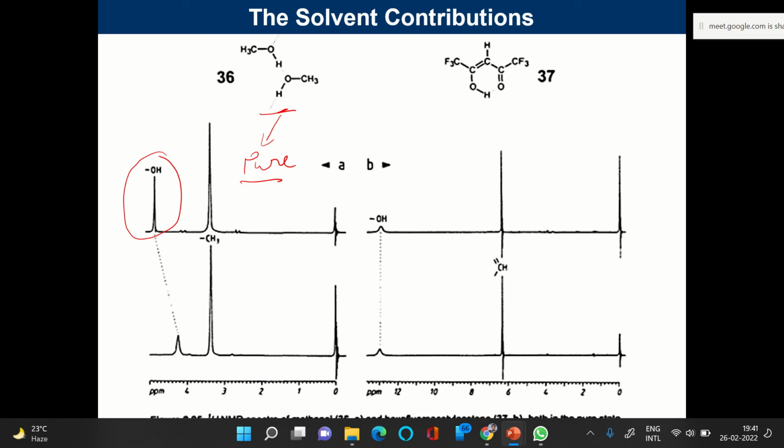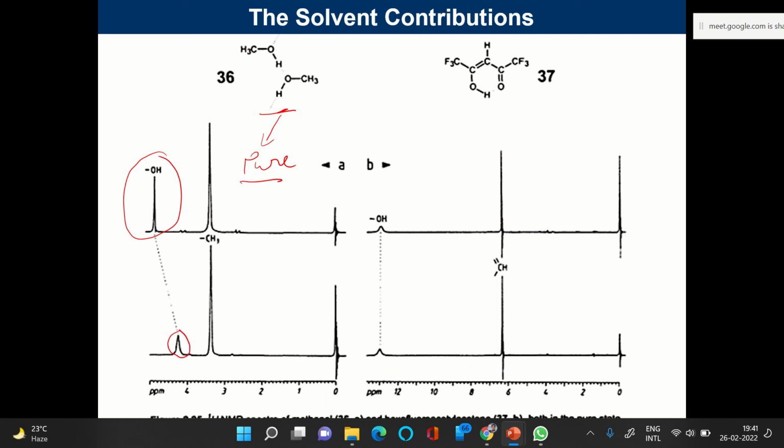whereas if you dissolve methanol in a solvent which cannot make any hydrogen bond, such as say CCl4, then you will find that in the absence of hydrogen bonding interaction, it shifts to lower values.